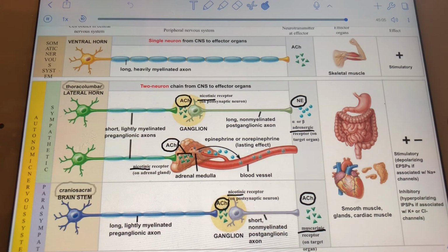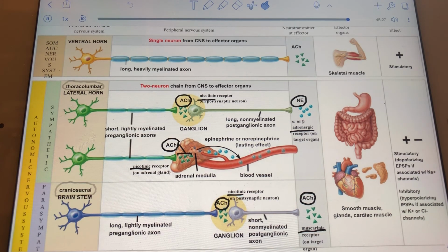Okay, so notice that if it's a sympathetic pathway, then acetylcholine is what's released by the preganglionic neuron, but we would expect that. The receptor is always nicotinic. That's nice, okay?